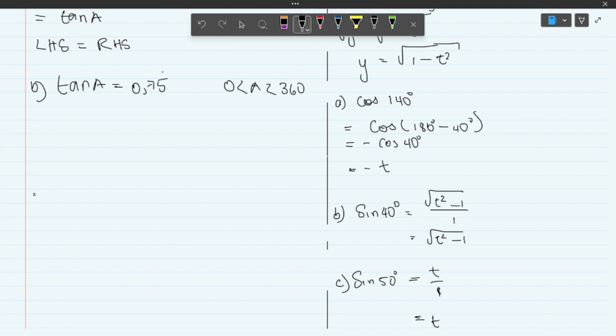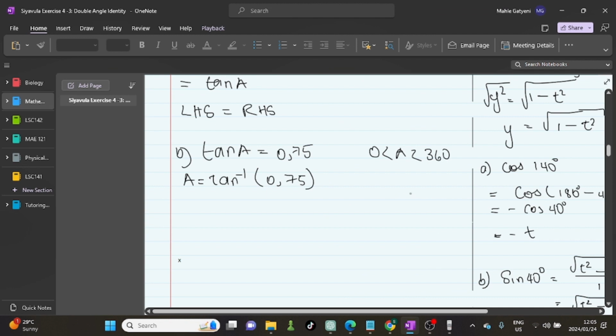So if it's less than 360 degrees, so nasayenza apha kuthini qala? Ukukhangela ntoni? I-reference angle yethu. I-reference angle. So izaba ngubani? It's gonna be A is equals to u-tan, then it's gonna find inverse ka-tan, izaba ngubani? 0.75. Yabo. So xa wenze le nto sikhangele i-reference angle guys.